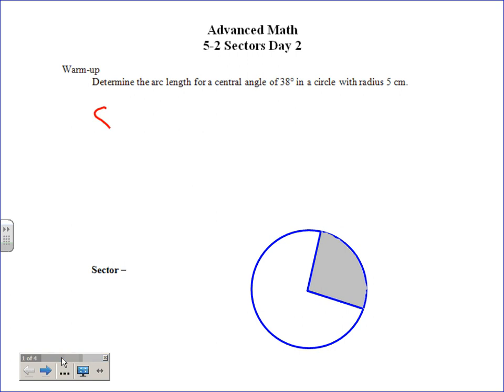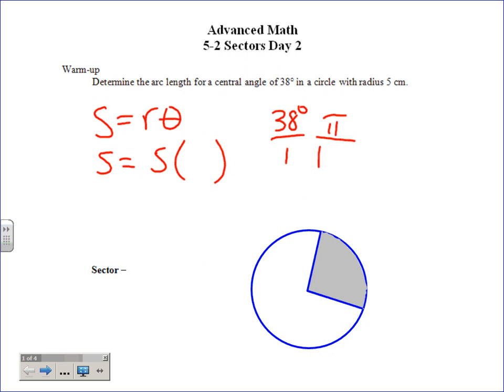Arc length, remember, is S equals R times theta. So if we have arc length equals a radius of 5 times theta, remember theta does have to be in radians, so you would take 38 degrees over 1, times pi over 180 degrees. Degrees would cancel.